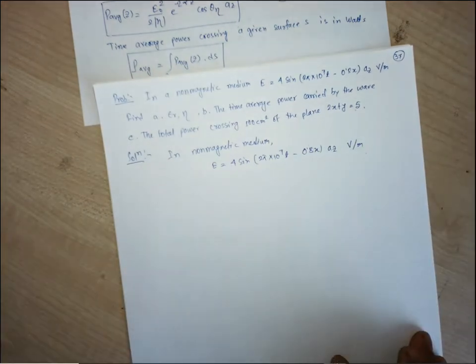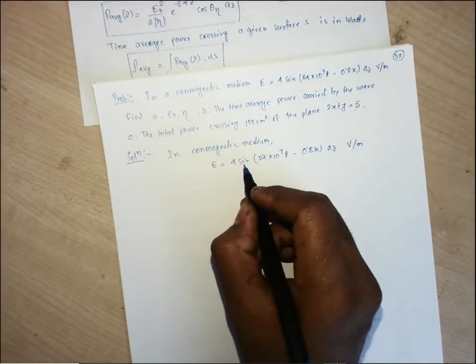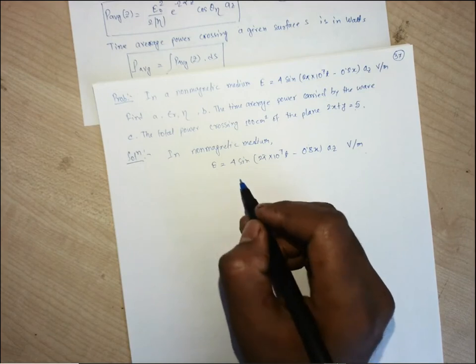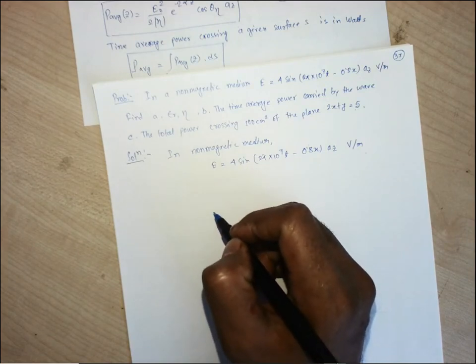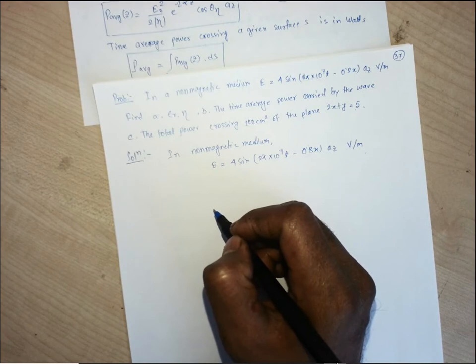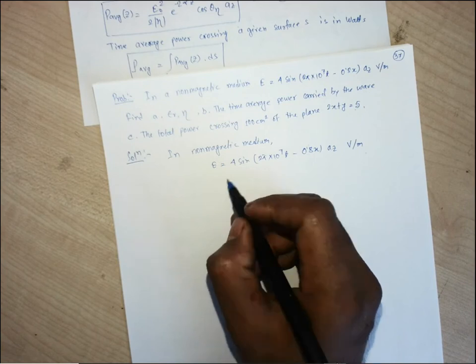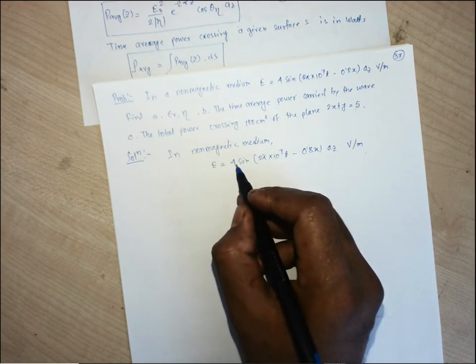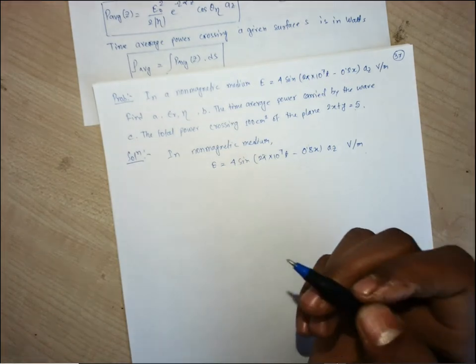What information can we find out about this medium? First of all, it is a non-magnetic medium. Is anything else missing here? Alpha z is missing, right? e to the power minus alpha z is missing, so we can consider that as 1. So alpha is 0.